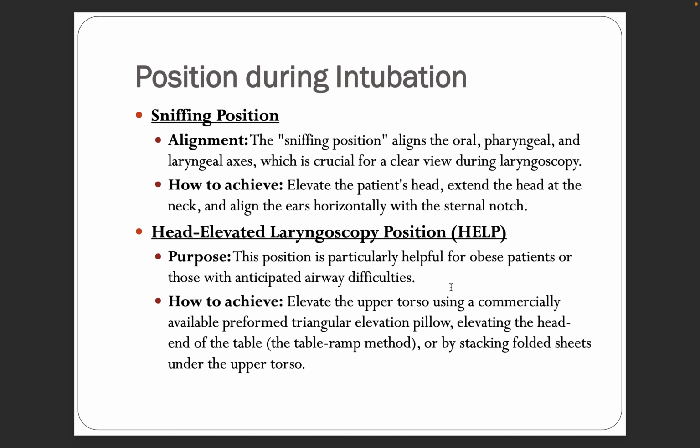So it's a sniffing position, where it is alignment of the oral, pharyngeal, and laryngeal axes, which is crucial for a clear view during laryngoscopy, and it is achieved by elevating the patient's head, extending the head at the neck, and aligning the ears horizontally with the sternal notch. So, this is how we achieve the sniffing position.